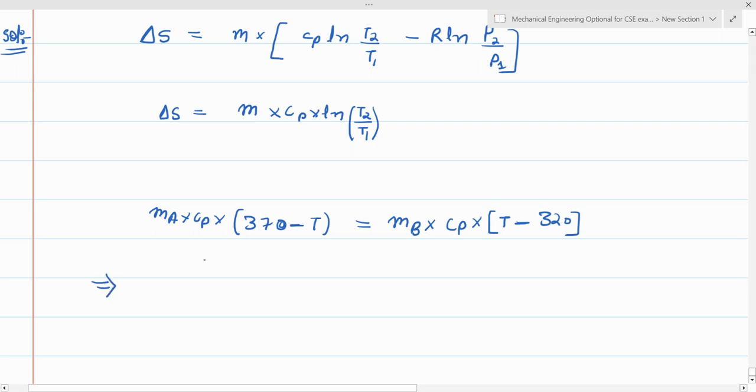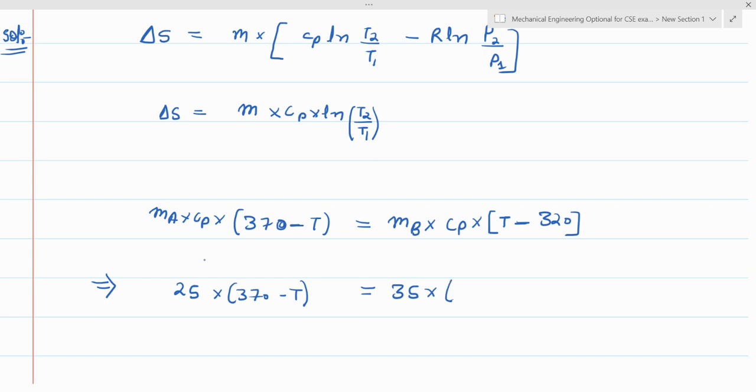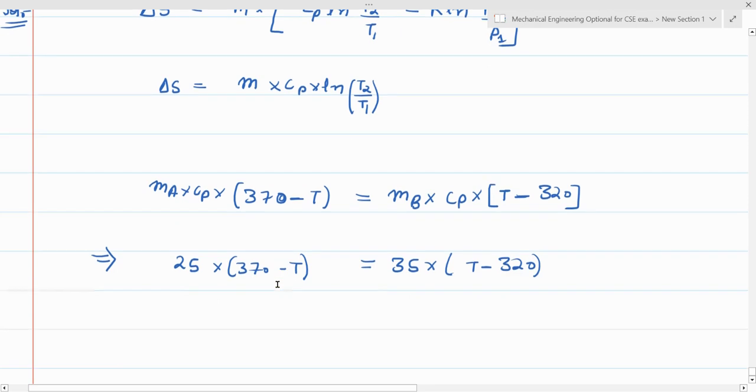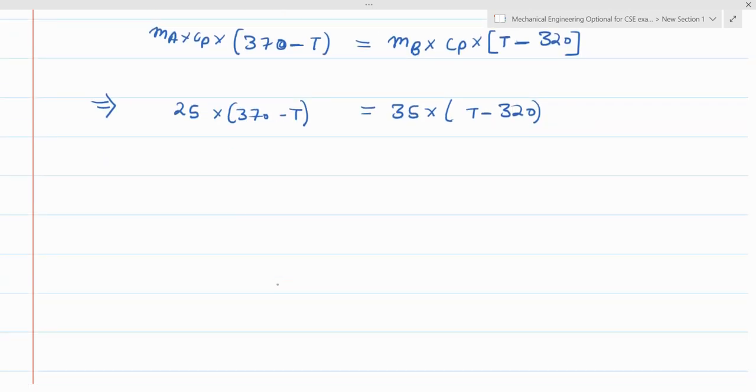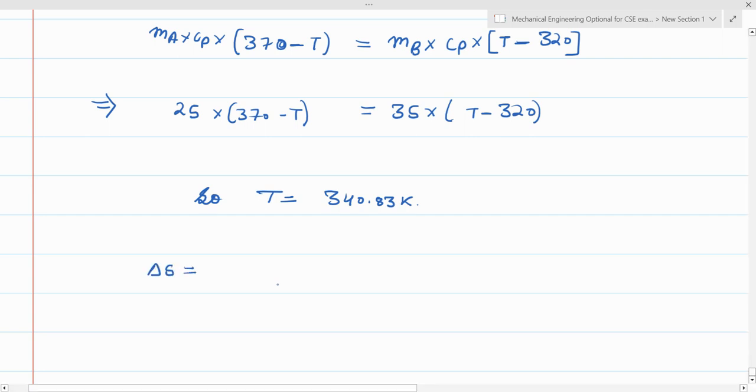Now we plug in the values here, we get 25 multiplied by 370 minus T should be equal to 35 multiplied by T minus 320. Now from this we can get the value of T as 340.83 Kelvin.